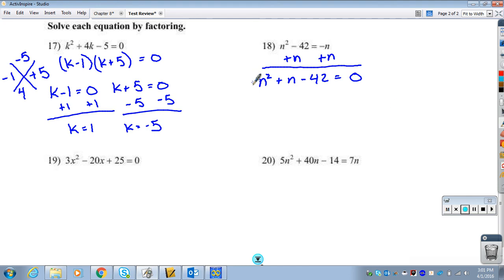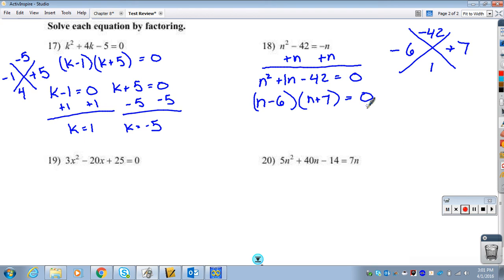Alright, so this is a equals 1. There's no number in front of the n squared, so I need numbers that multiply to 42 and add up to 1, because remember there's a 1 here in front of that n that we just don't write. Alright, so one minus, one plus, and the only numbers that will work are negative 6 and positive 7. So my factors, n minus 6, n plus 7.